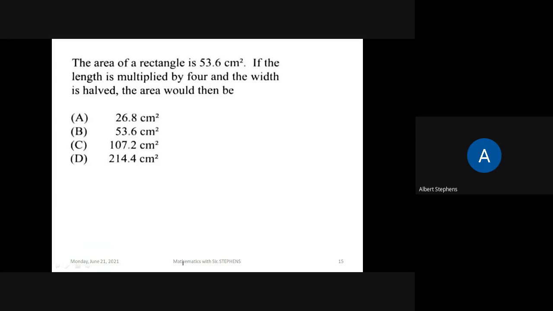This one here is not so nice, you know. But if you can figure it out, let me give you a minute to work it out.